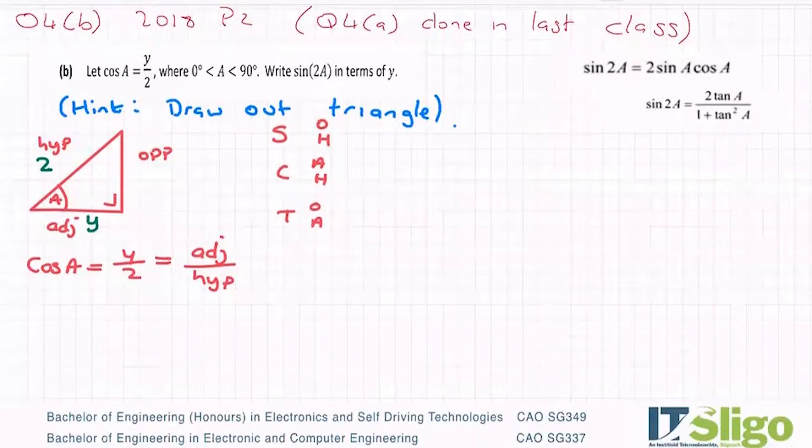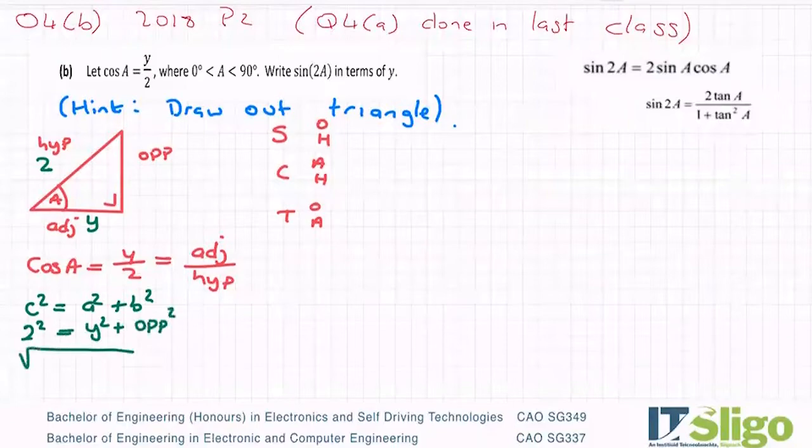Okay, so how do I find my third side? Well, of course, you use Pythagoras' theorem, which is c squared is equal to a squared plus b squared. C squared has to be our hypotenuse, so 2 squared is equal to y squared plus opposite squared.